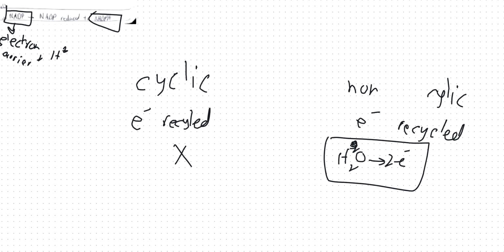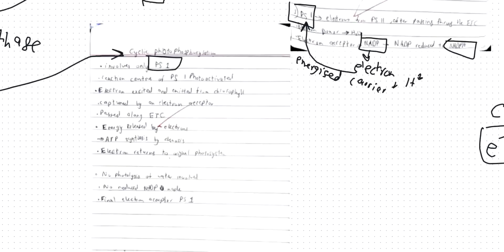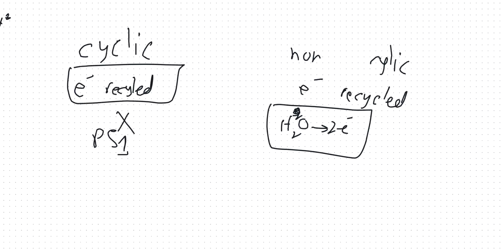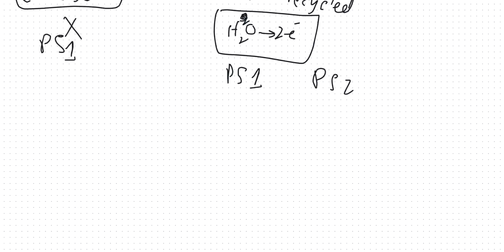So in cyclic, only electrons are recycled, and you only involve photosystem 1. In non-cyclic phosphorylation, you have both photosystem 1 and photosystem 2. Now, in photosystem 1, electrons are recycled.